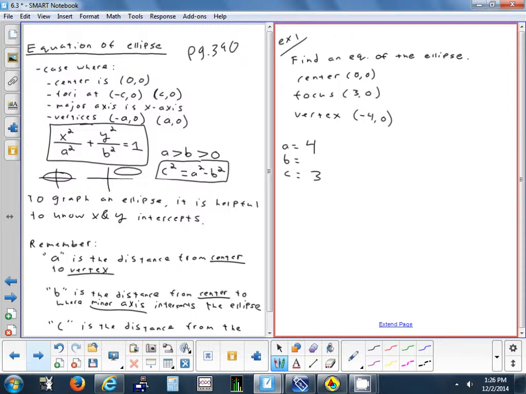So let's find b using the formula. C squared equals a squared minus b squared. Solve for b, just use your algebra, arithmetic here. 9 equals 16 minus b squared, so 9 minus 16 is how much?